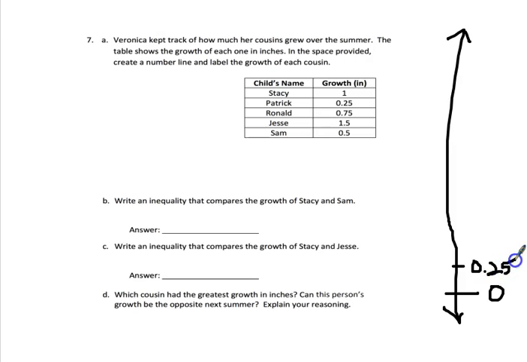Okay, and then we have Sam, who grew 1/2 an inch. Remember, this is in inches. And then we have Ronald, who grew 3/4 of an inch, or 75/100ths of an inch.